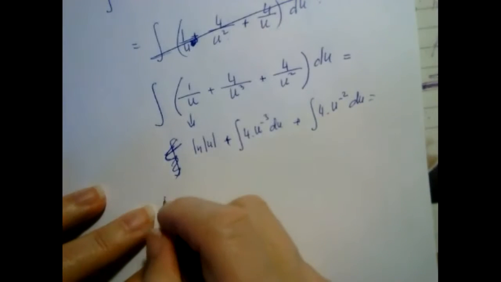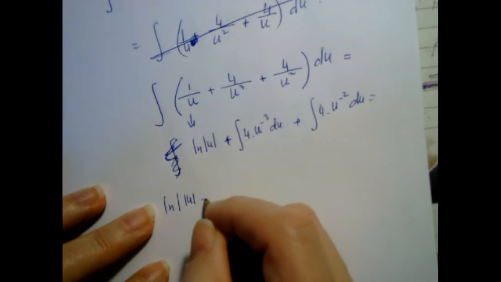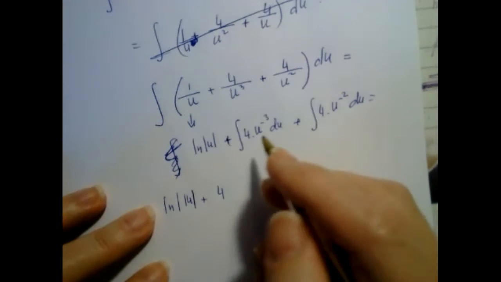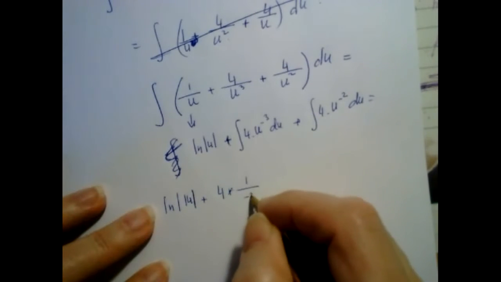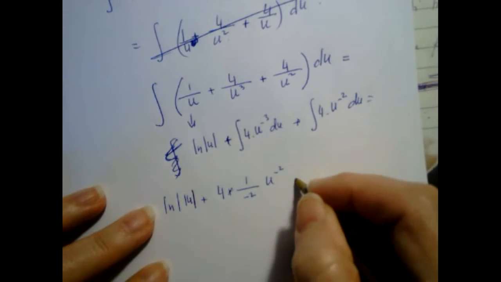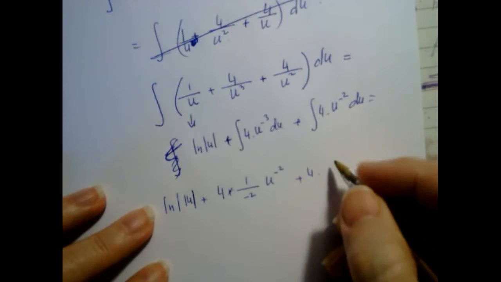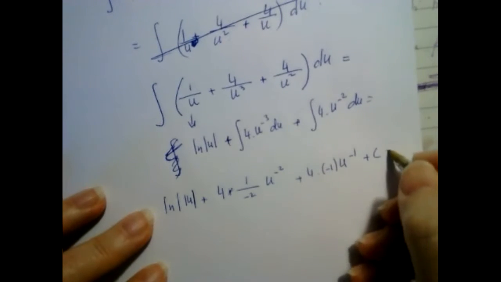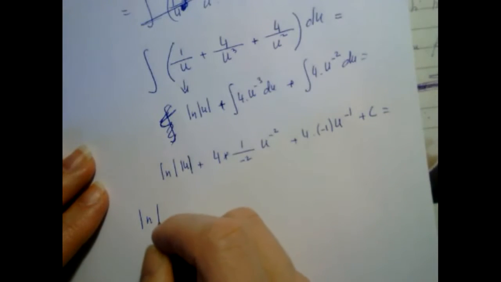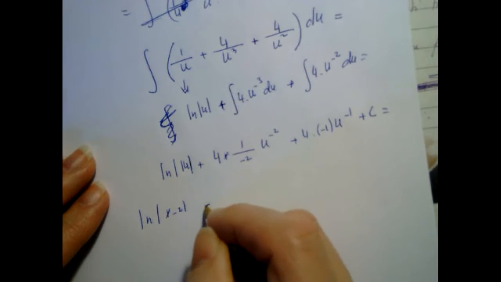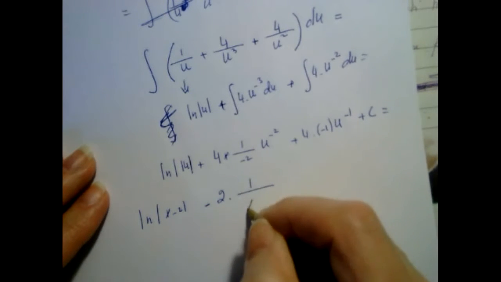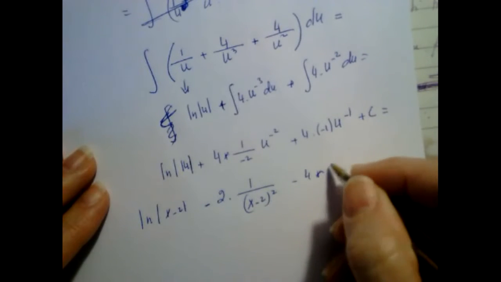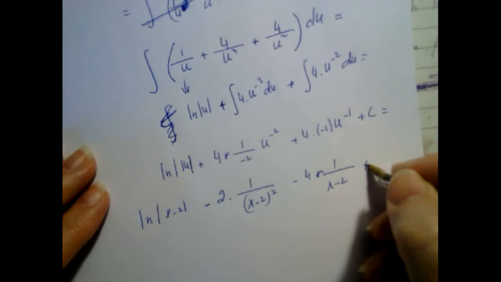So finally, I will have ln of u plus 4 times 1 over minus 3 plus 1, u to the minus 3 plus 1, plus 4, 1 over minus 2 plus 1, u to the minus 2 plus 1. And now we go back to our original variable. I will have ln of x minus 2 plus 4 times 1 over x minus 2 squared minus 4 times 1 over x minus 2, plus C.